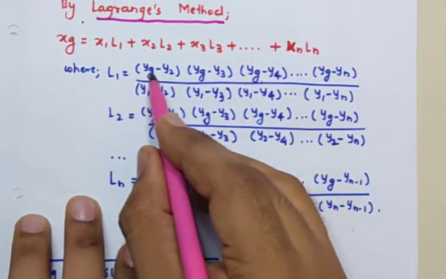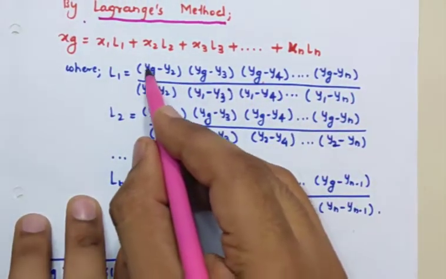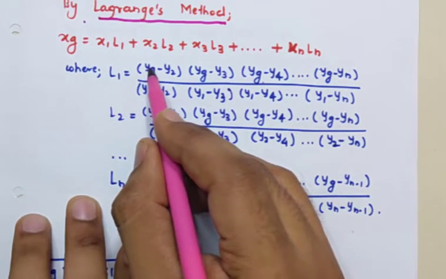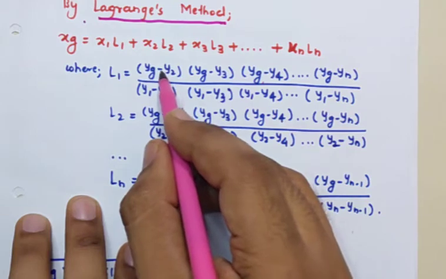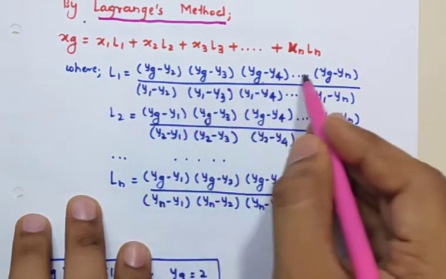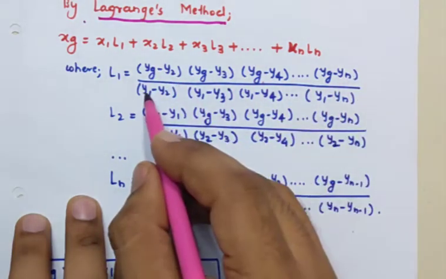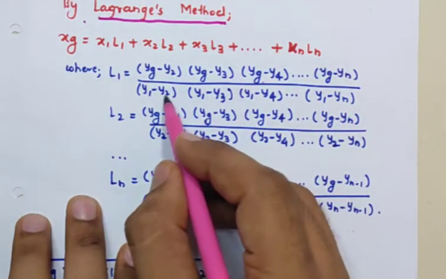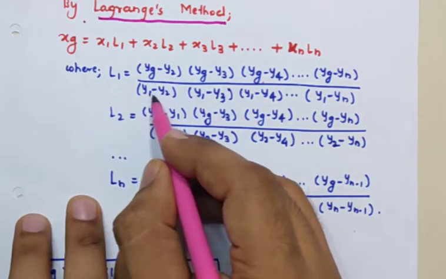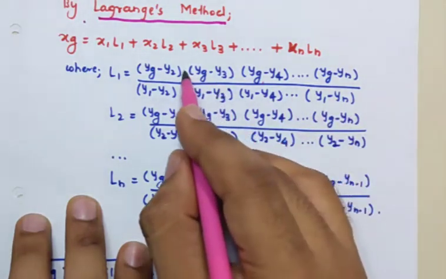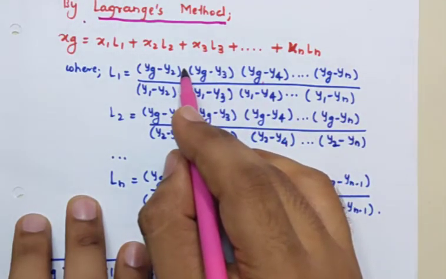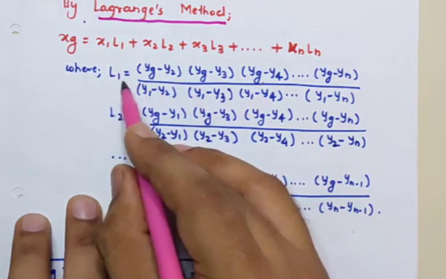L1 is equal to, in the numerator, the product of differences of yg and the remaining values of y, and in the denominator the product of differences of y1 with the remaining values of y. So in the numerator we have excluded the y1 term to get this L1 value.